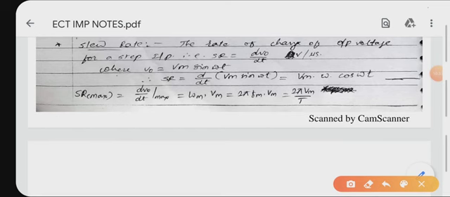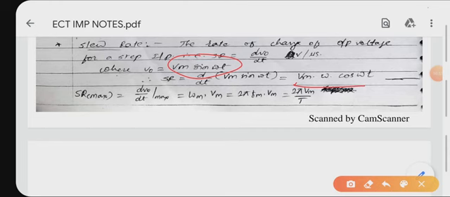We can rearrange the formula like if VO is equal to Vm sin omega t, so slew rate is equal to d by dt of Vm sin omega t, where we have just kept the value of output voltage VO as Vm sin omega t, and we have taken its derivative, so it becomes equal to Vm dot omega dot cos omega t, its derivative.